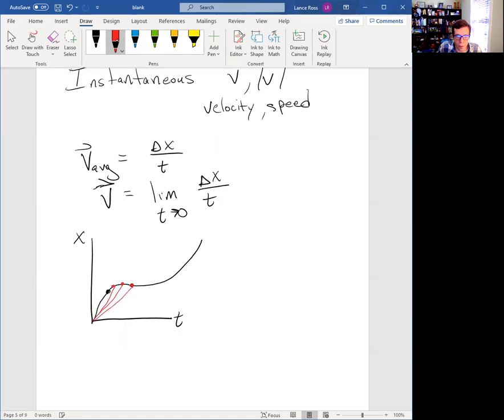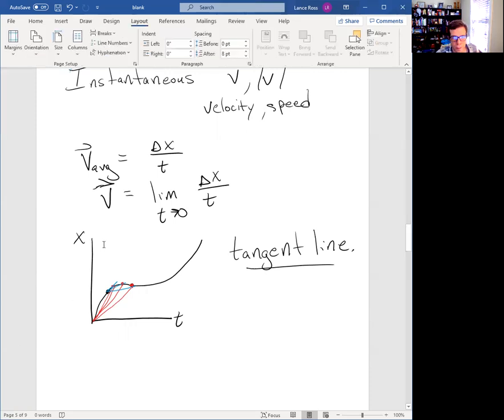And as I get closer and closer to that point, I get closer and closer to that instantaneous value, right? That we know to be tangential, right? Right, the instantaneous value has the same slope as the tangent line at that point.